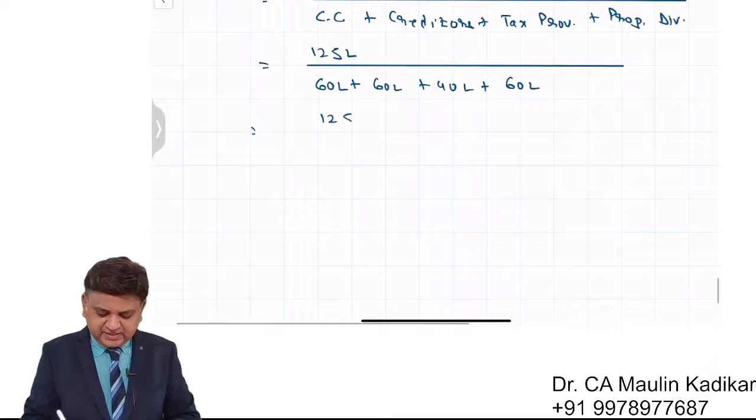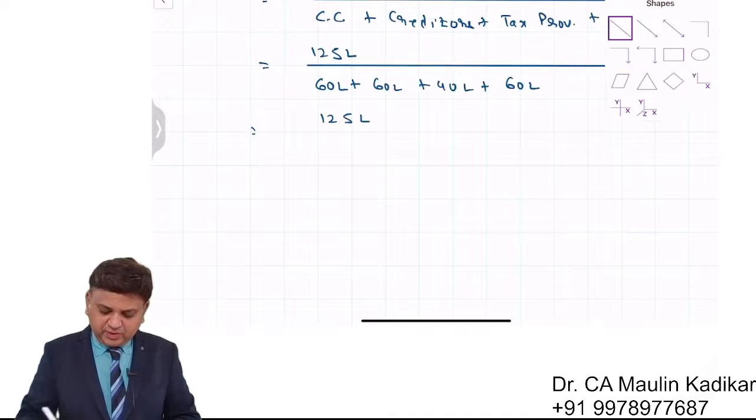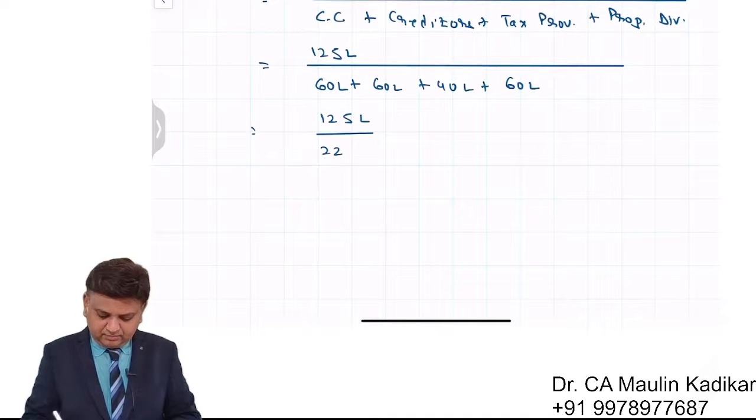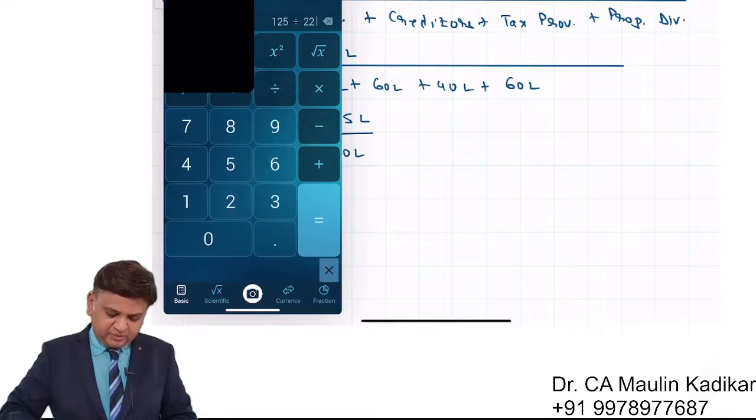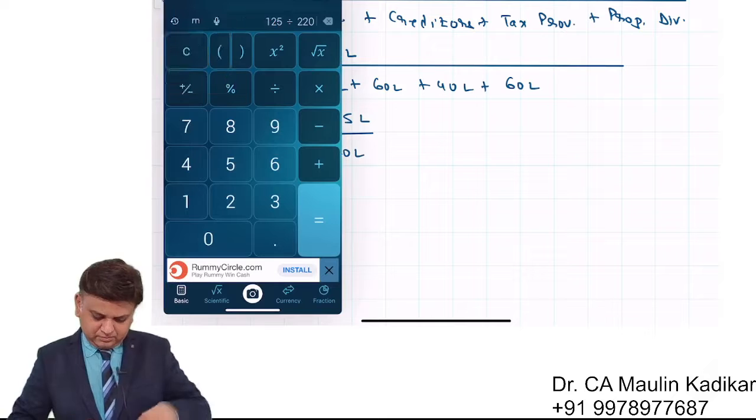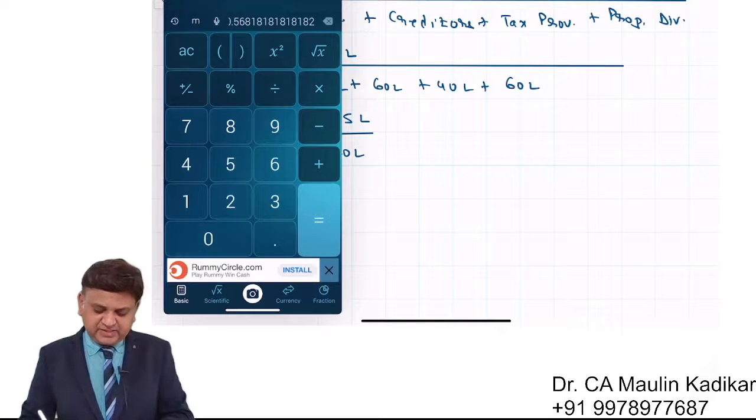So 125 lakhs divided by 220 lakhs. So 125 divided by 220, that is 0.5682.